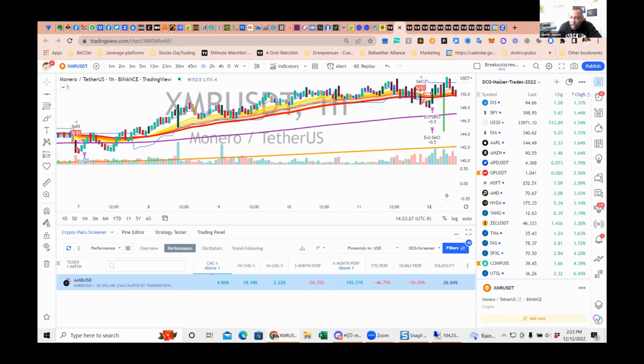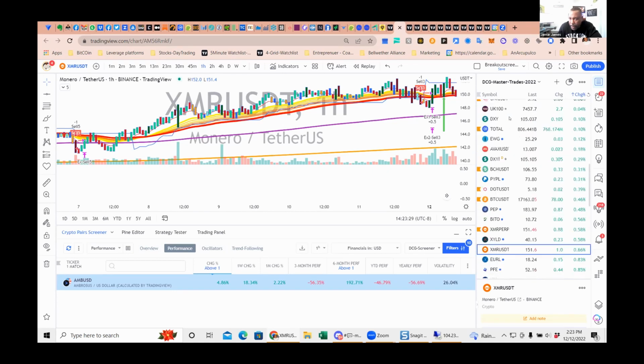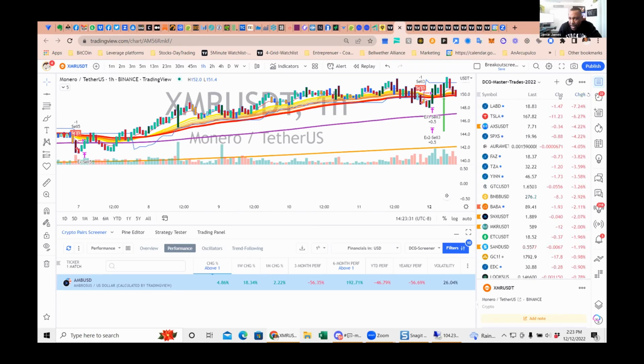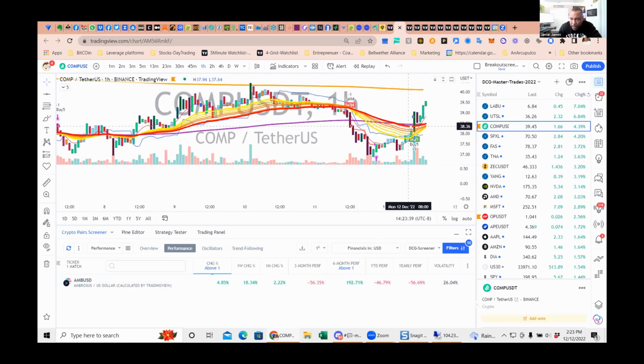On my watch list, this is all the things I like to trade. It says master trades, and I'll come here and look at something that had a big gain, and then I'll start tracking that one. So here at 38.40 or 50, that's where comp is. Right now it's at 39.50, but my level of trying to get in would be between 38.30 and 38.50, the idea to hop in comp.